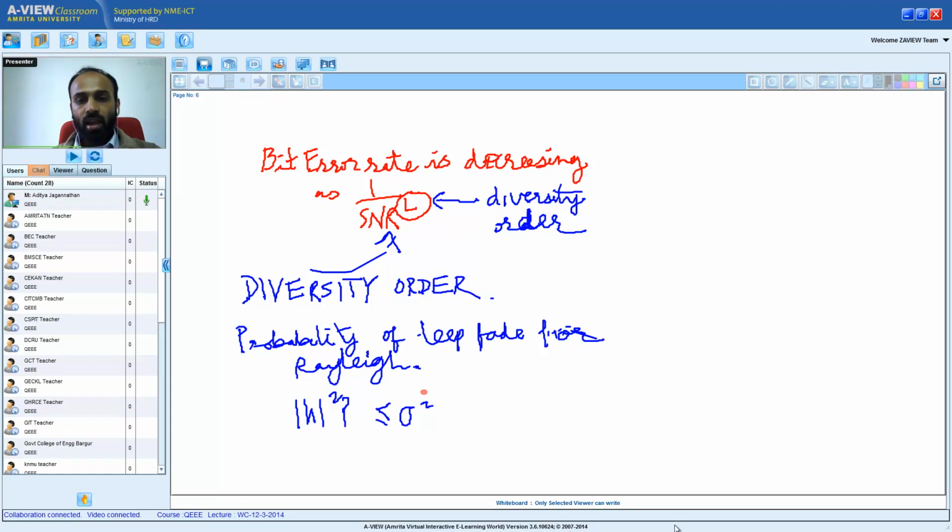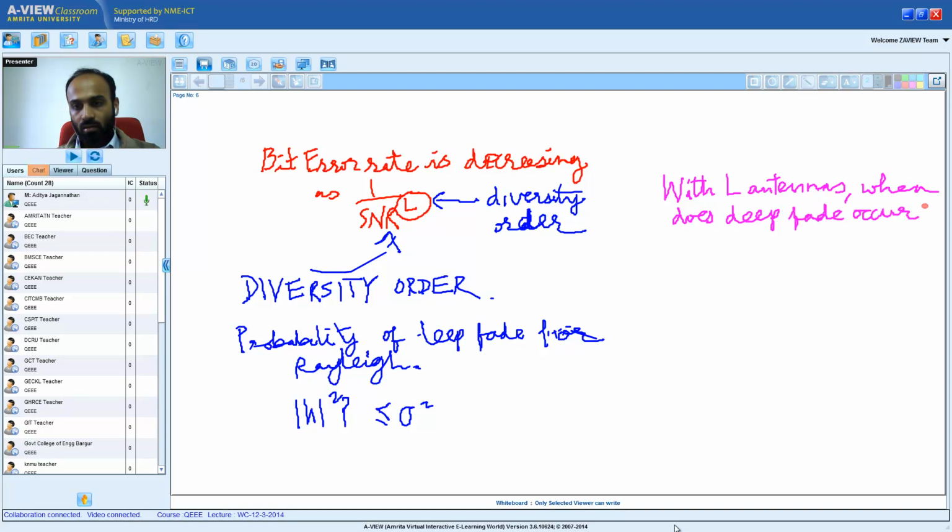Therefore, with L antennas, can we generalize this? With L antennas, when does deep fade occur?